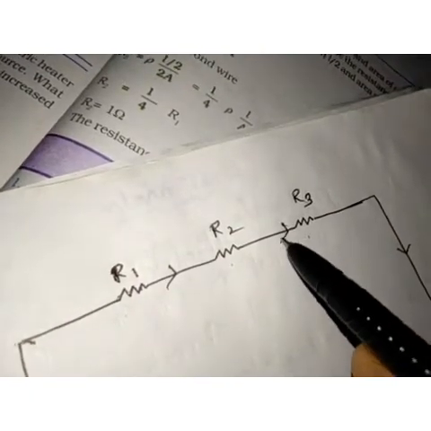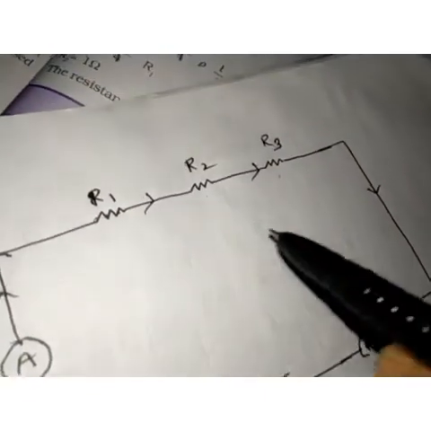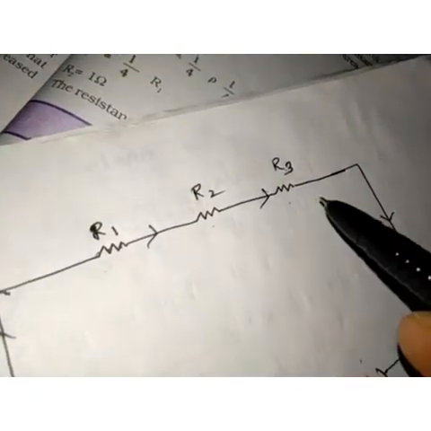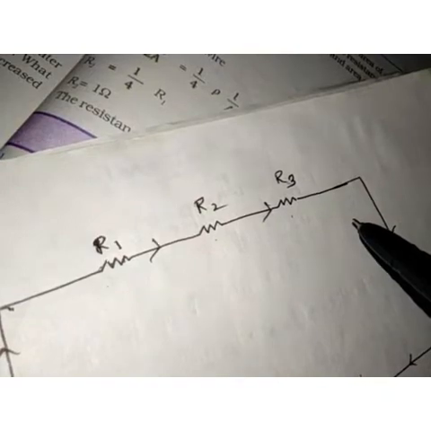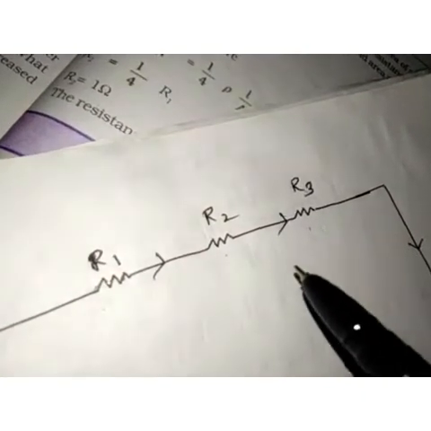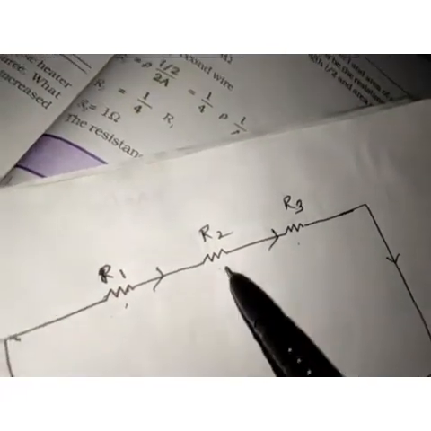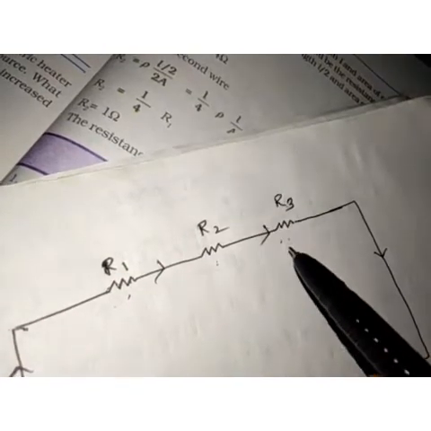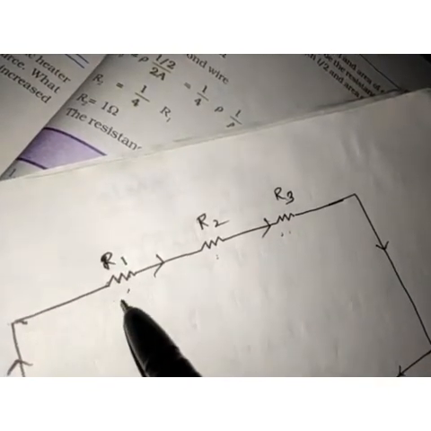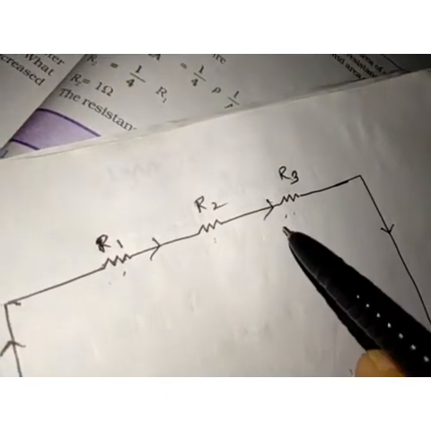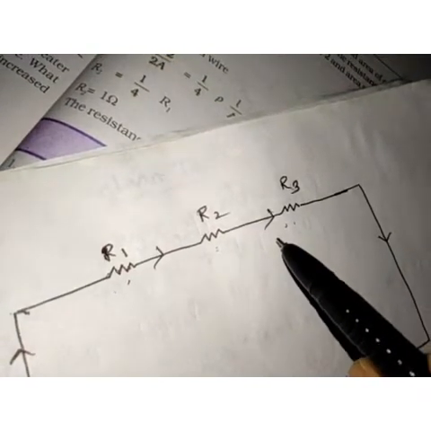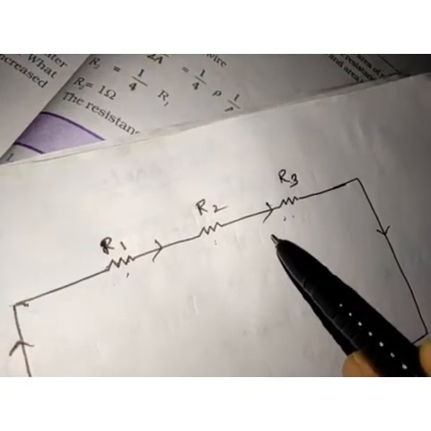You see, there is no division of current. That means in series connection there is no division of current. So here R1, R2, R3, if resistors are connected in this way, then we can say that these are connected in series connection.